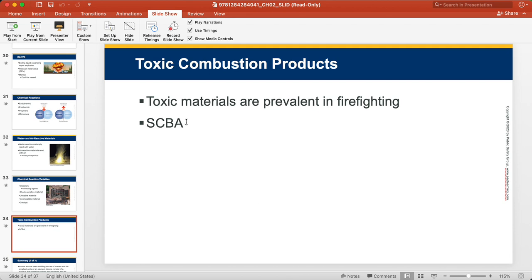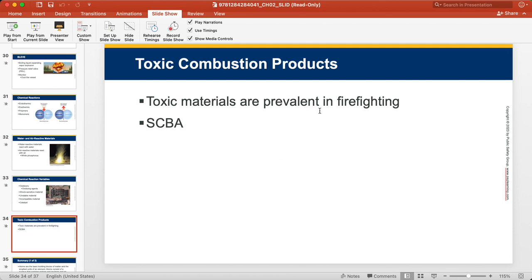So we wear something called a self-contained breathing apparatus that allows us to take fresh air in on our back and go inside the building and fight fire. We're breathing fresh air that we filled up in a specific machine that brings 100% clean air, and then we come out not breathing all of those toxic chemicals and carcinogens.